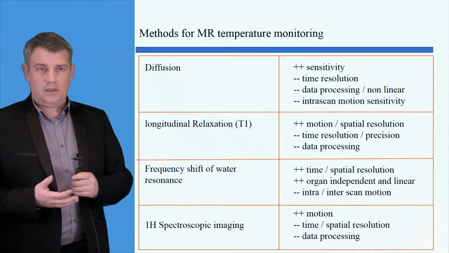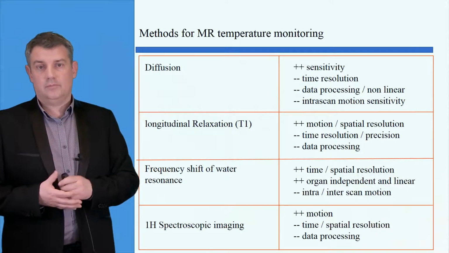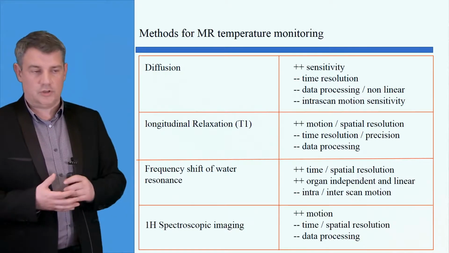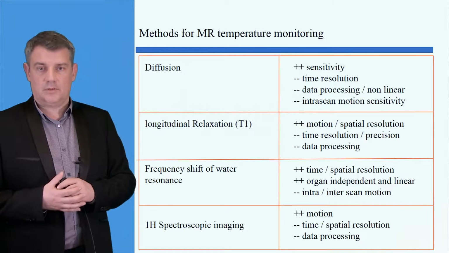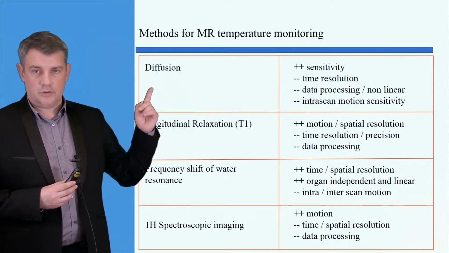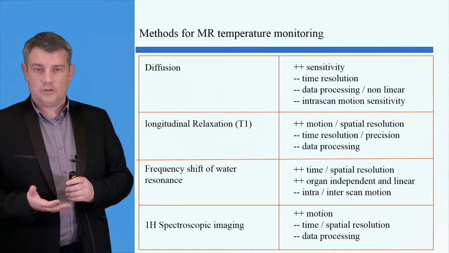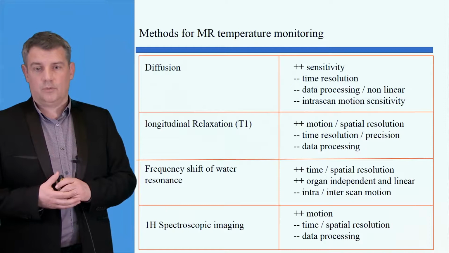Ideally, if we want to monitor the temperature change using MRI, we need methods that are sensitive to temperature change. Fortunately, there are a number of physical parameters that vary with temperature: for example, the diffusion coefficient of the water molecules, the longitudinal relaxation time T1, and the frequency of the water resonance.